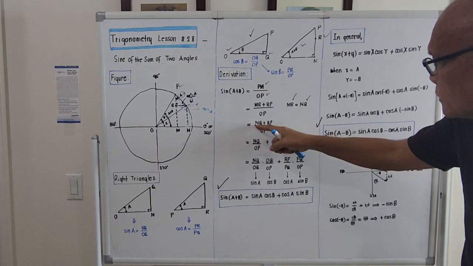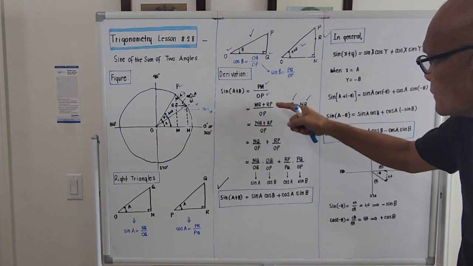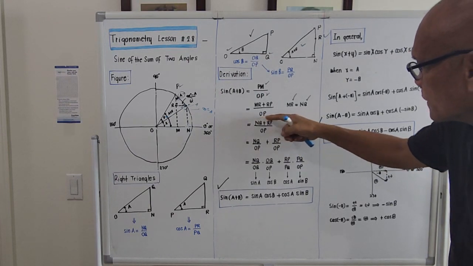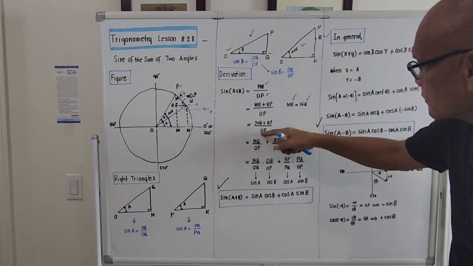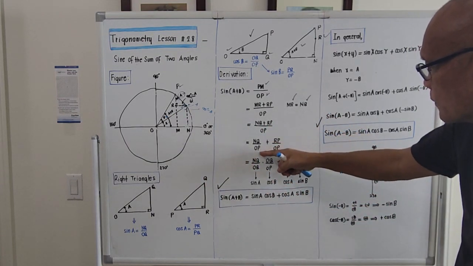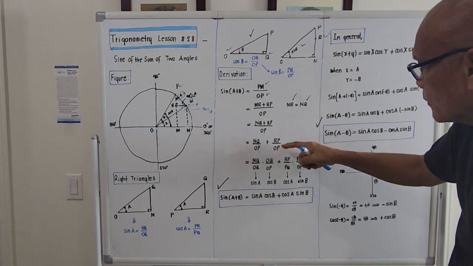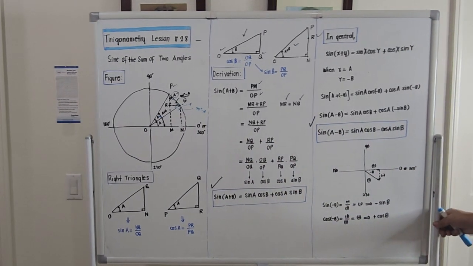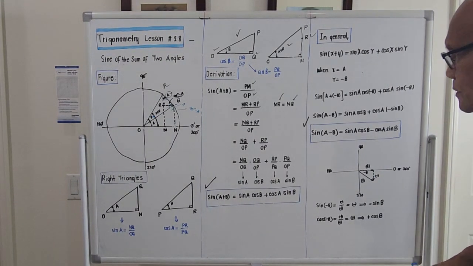So this will now be NQ plus RP, I'm just repeating this, over OP. Okay? There are two numerators under a single denominator. We could expand, so this will be NQ over OP plus RP over OP. Okay, we segregate it. Then we'll try to make some algebraic manipulations.